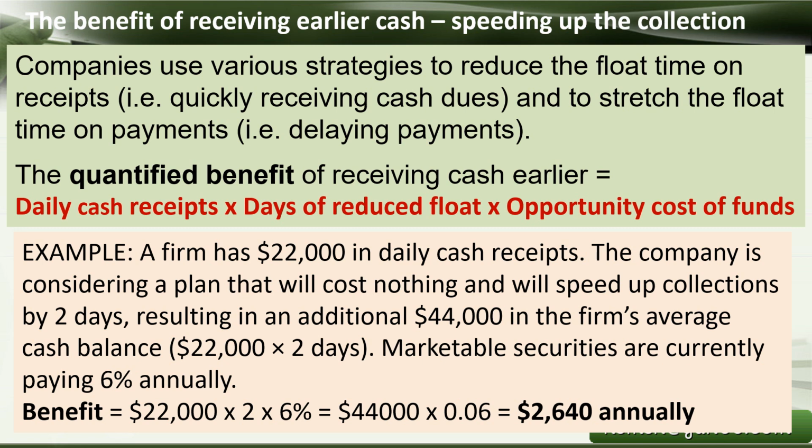Marketable securities are currently paying 6% annually. So the benefit can be measured as 22,000 times 2, that means $44,000, multiplied by that 6% rate, that means $2,640 annually. This is how we calculate the quantified benefit.